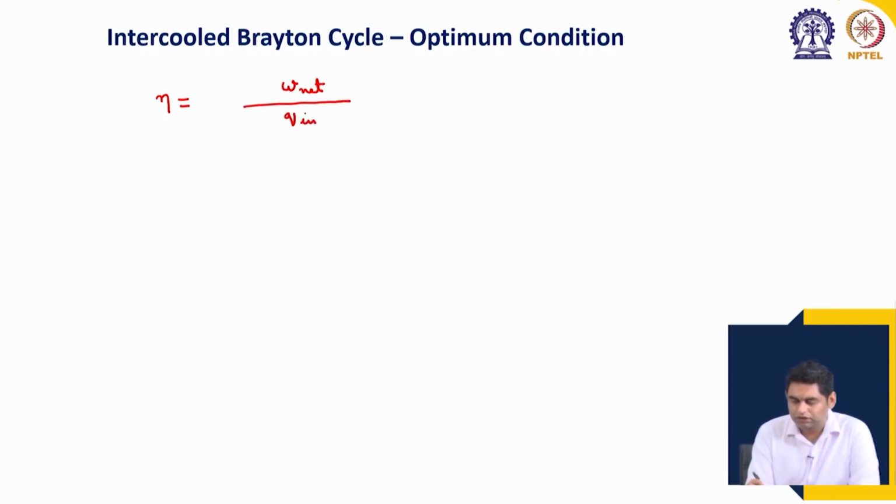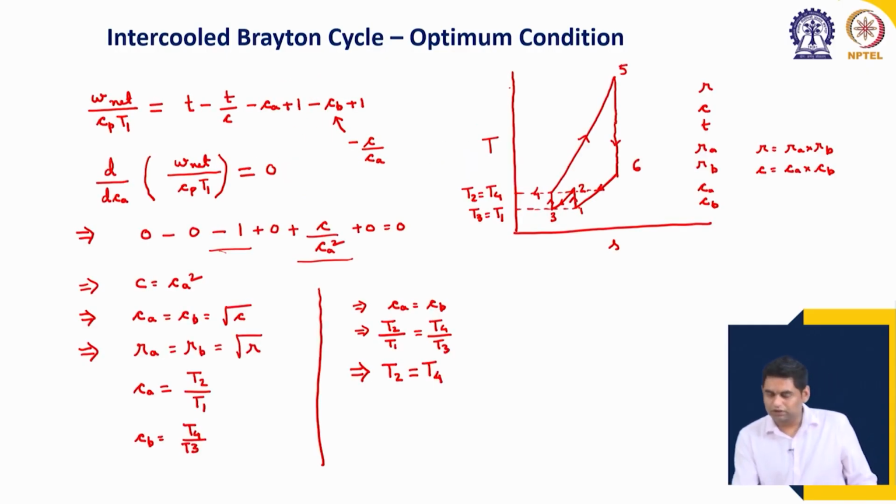Q in. Okay, in our case W net is Cp T1 into (T minus T by C) minus CA plus 1 minus CB plus 1. Okay, this is W net divided by Q in. Q in is Cp into, so let us take a look quickly, T5 minus T4.